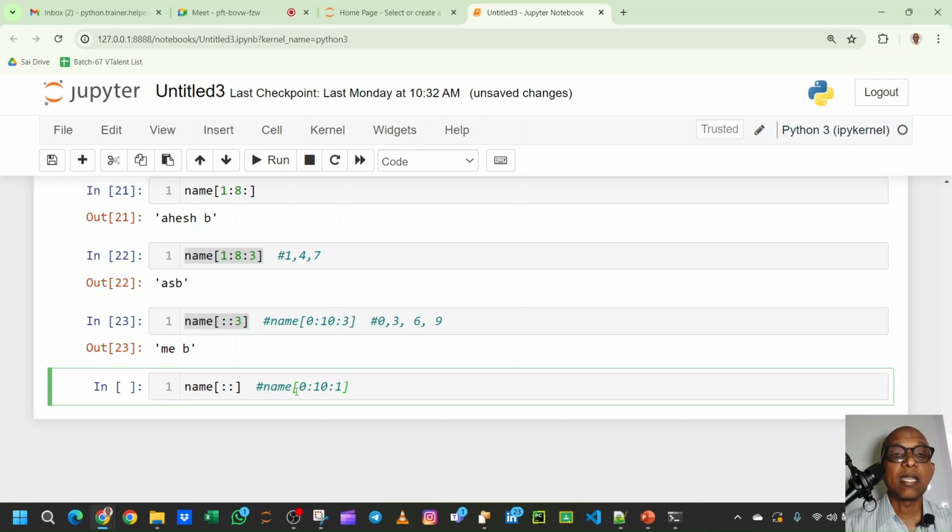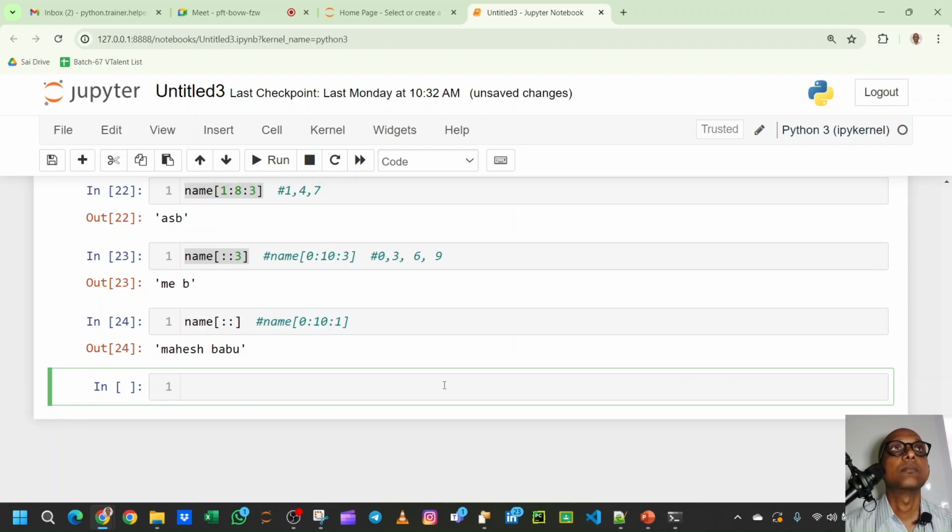Here again, remember 10 is included because I did not mention the ending index number. The last index is always included in that case. So what does this mean? The entire string. Simple. Clear? Is everyone clear with this slicing operation using forward index numbers? Anyone have any doubt?